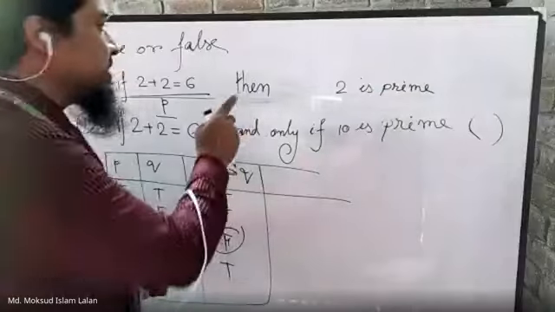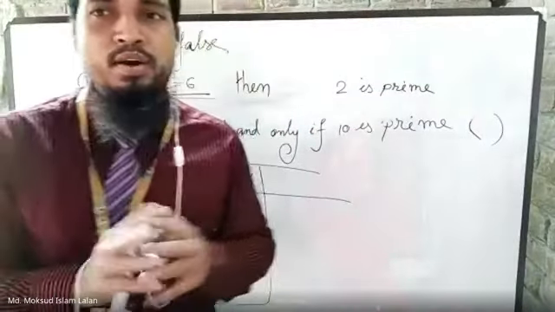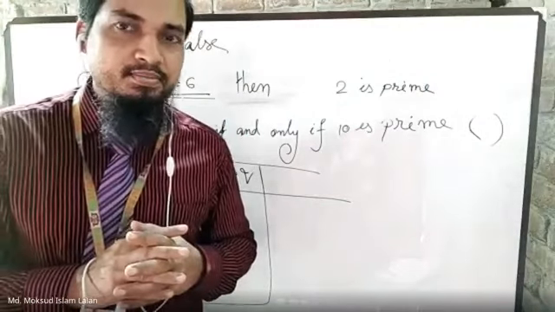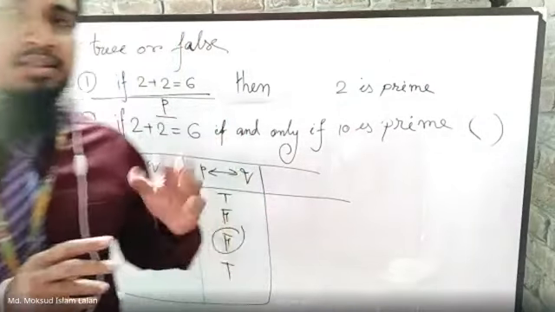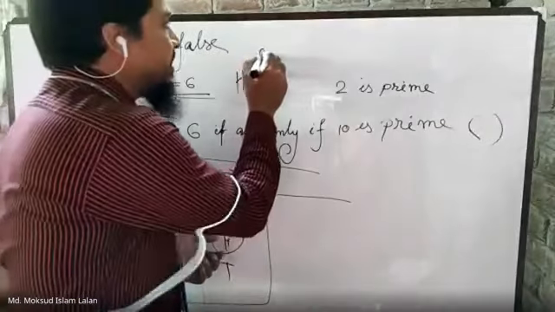Then actually we have gathered four or five definitions, right? One definition is negation, that is very easy. Another is conjunction. Conjunction means "and", right?